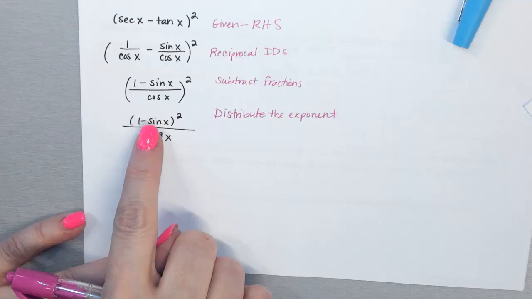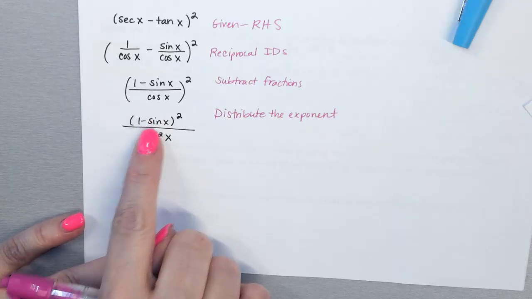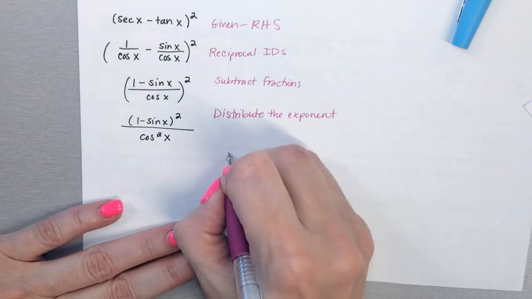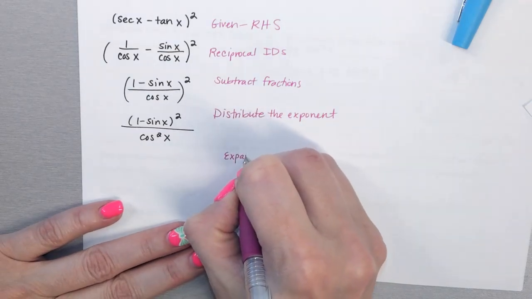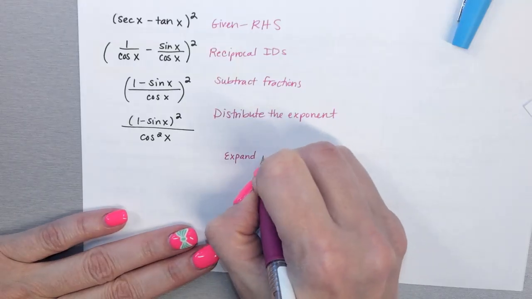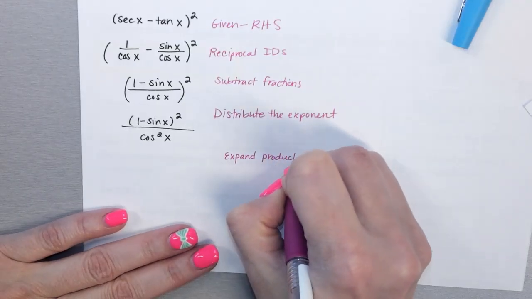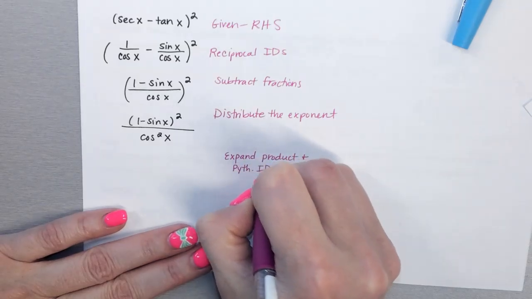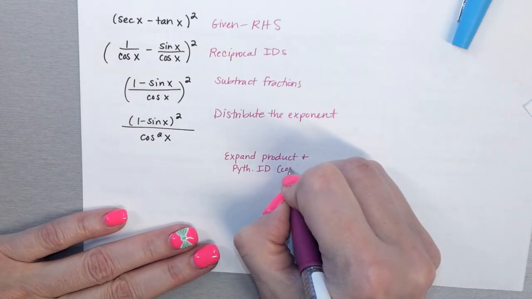I'm also going to expand the numerator, or you can say rewrite as a product. And we're going to use the Pythagorean identity as well.